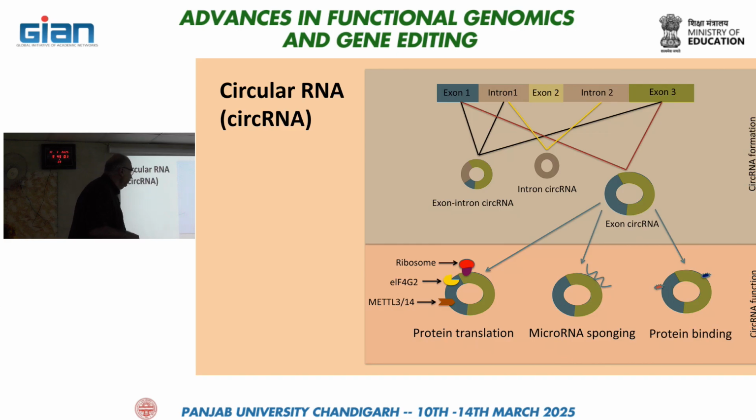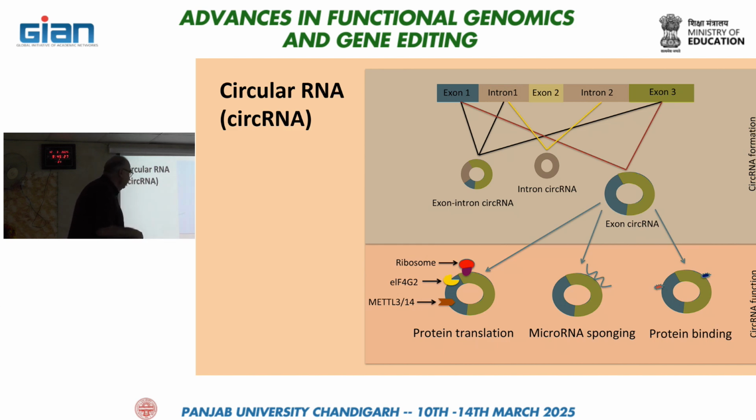It can bind RNA, and in most cases, this circular RNA will bind microRNA. We call it a sponge for microRNA. A sponge because it takes microRNA away from its action in mRNA digestion or translation inhibition.